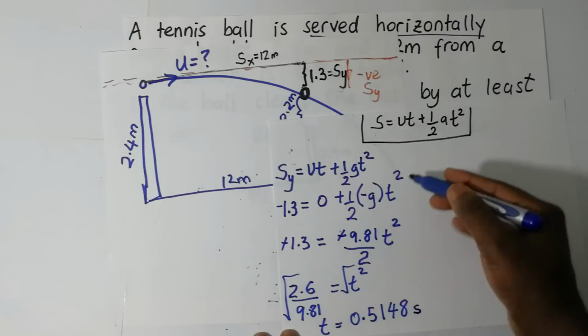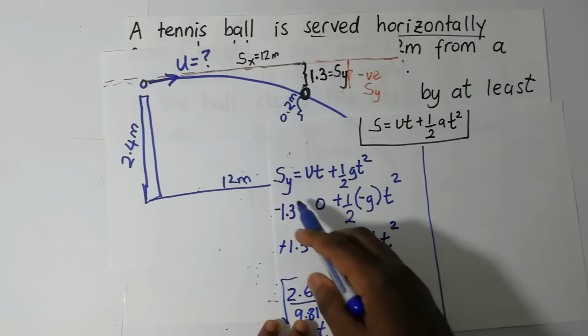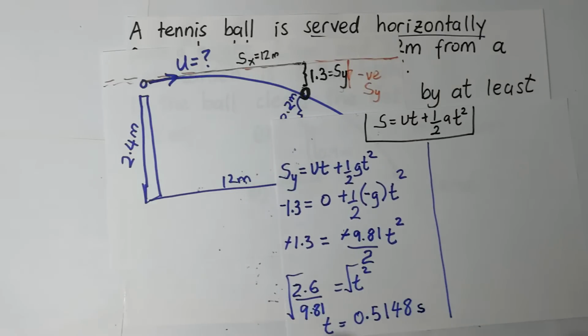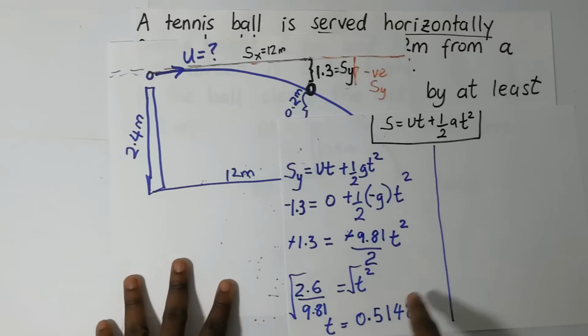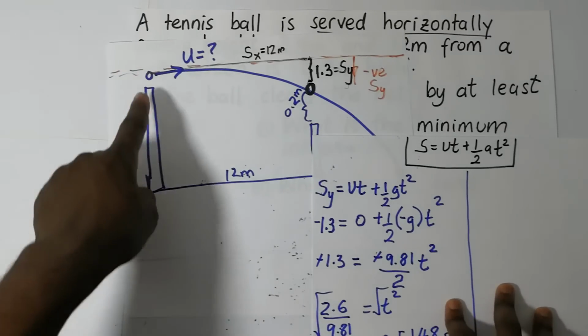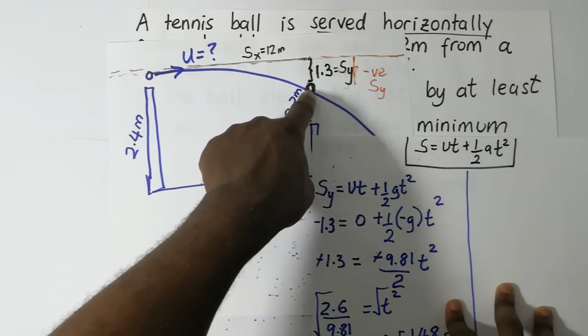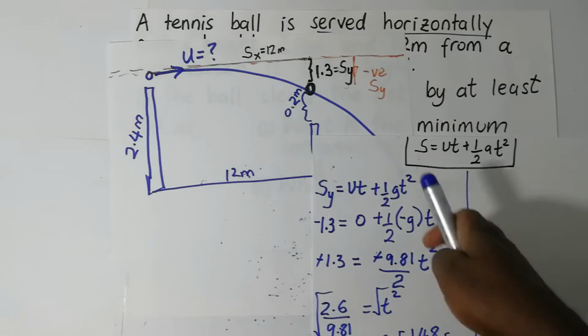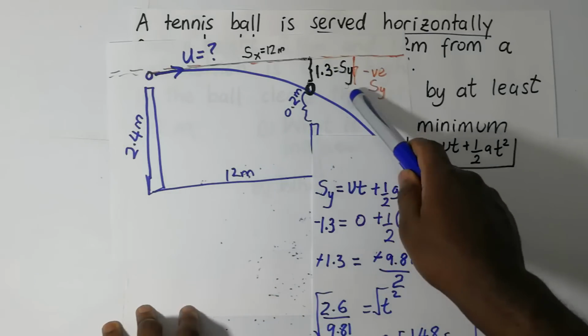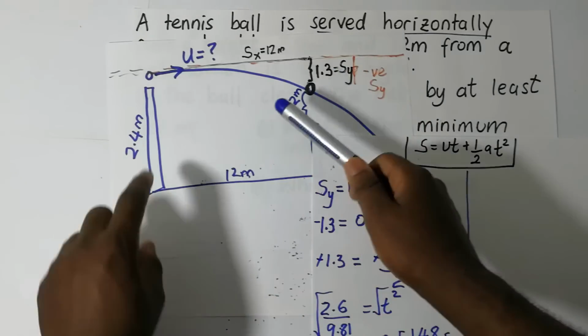So that is what we ended up with when we did displacement in the y direction. In other words, this value of t is the time it takes for this ball to move from there up to that point.